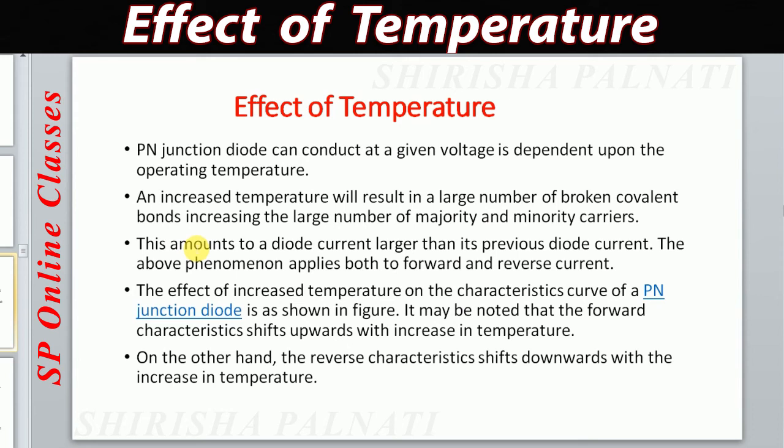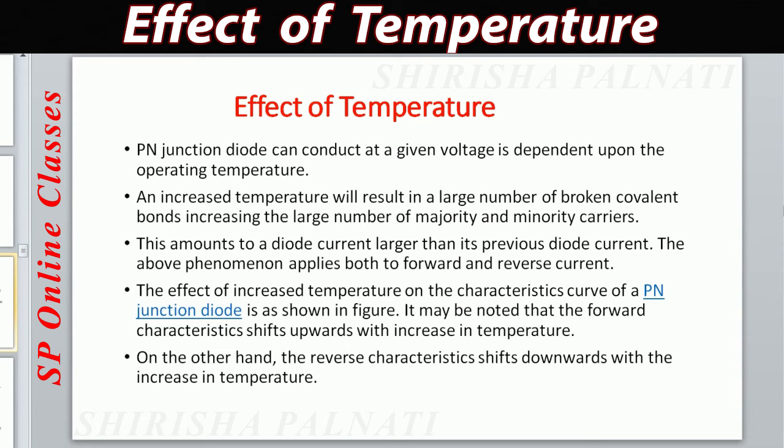Firstly, we increase the reverse voltage. As the temperature increases, the electric field increases and the energy increases, so the covalent bonds also break. When covalent bonds break, a lot of carriers are present, so the majority and minority charge carriers are increased.